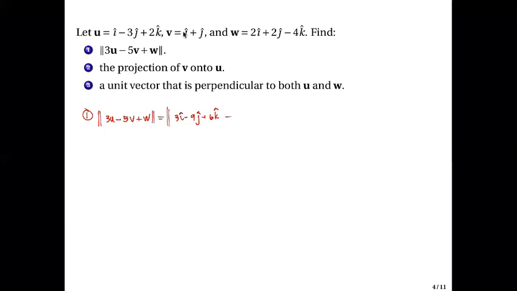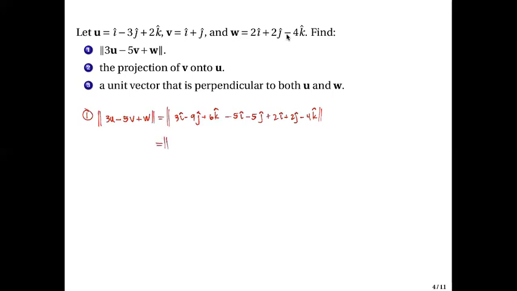So minus 5 times i hat, this is plus, so still we have minus 5j hat. And then plus w, so we'll just copy this: plus 2i hat plus 2j hat minus 4k hat. And then we close that.